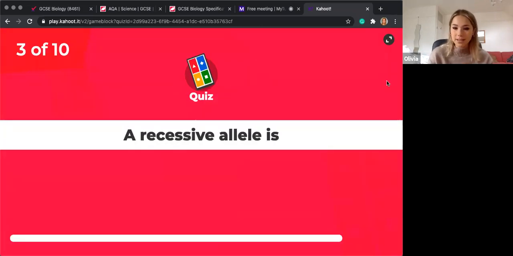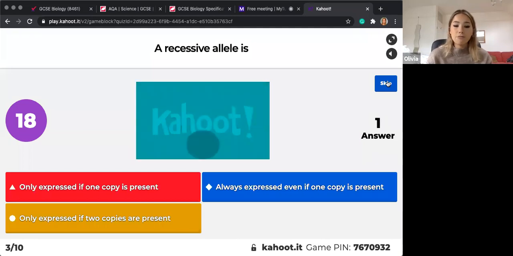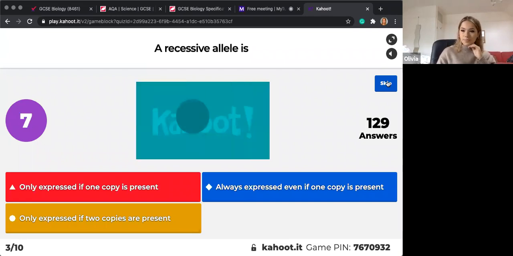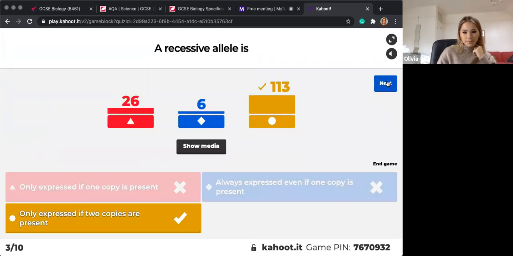What is a recessive allele? Is it only expressed if 1 copy is present, always expressed, or only if 2 copies are present? Brilliant. So it's only expressed if 2 copies are present.